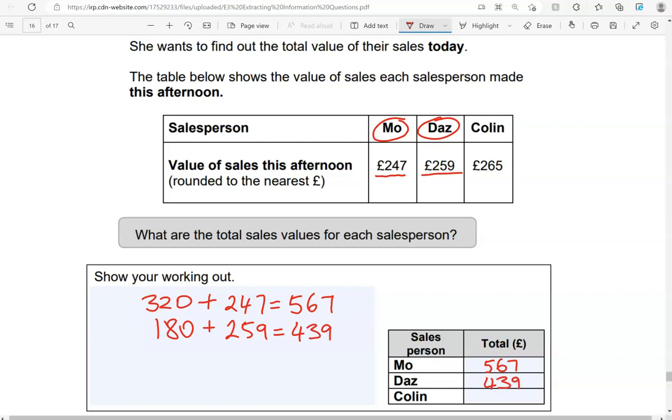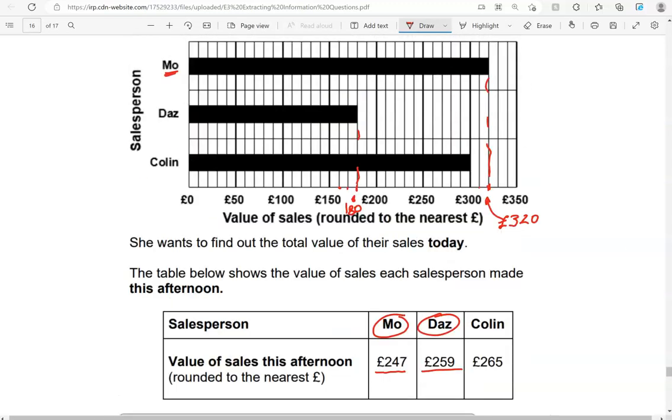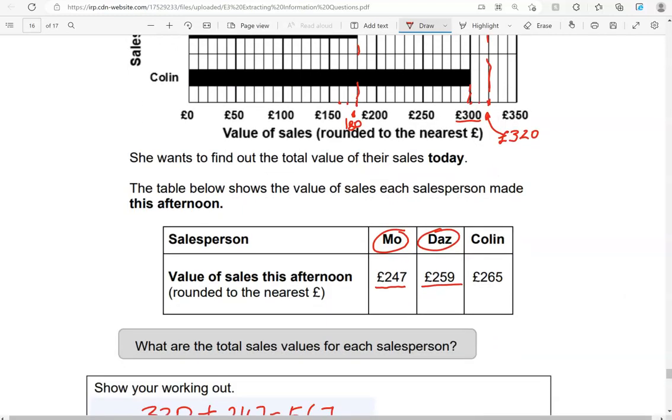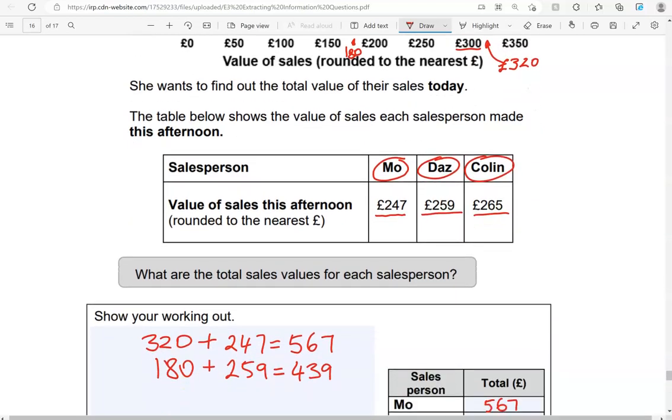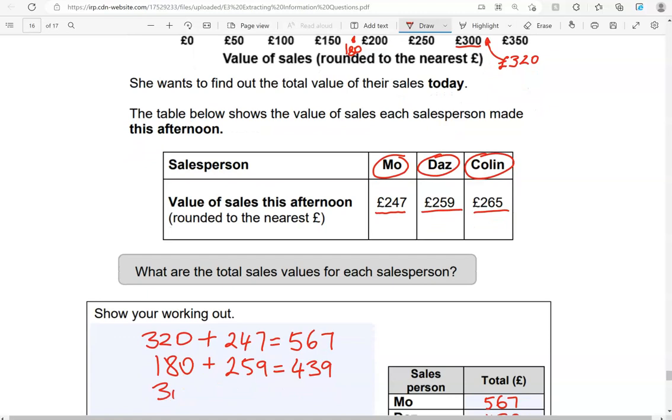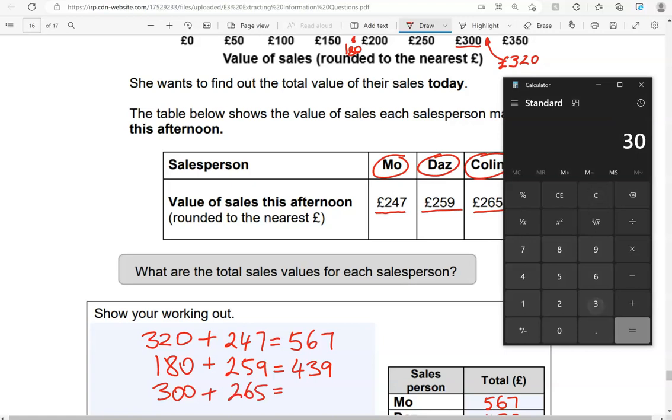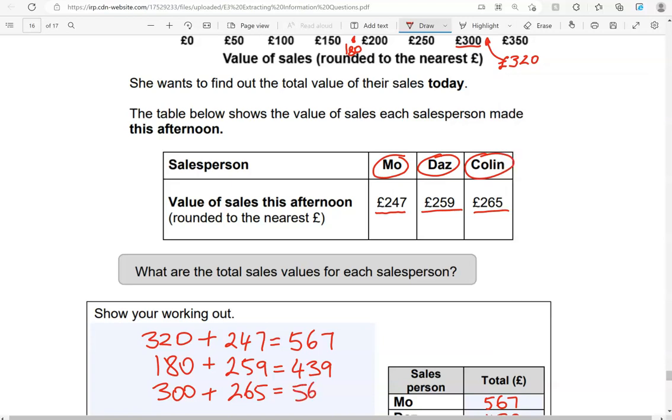And Colin, who made 300 in the morning and 265 in the afternoon. So we can add 300 and 265, which is 565.